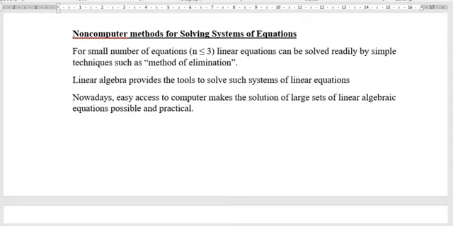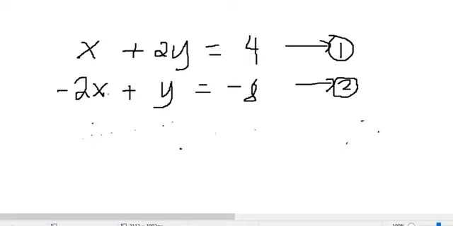Linear algebra provides the tools to solve such systems of linear equations. For example, itong dalawang equations na to. How will you solve it using algebra? You'll just eliminate. Using the elimination method, mag-eliminate lang or magput lang ng negative. Napakadali lang para sa inyo i-solve.